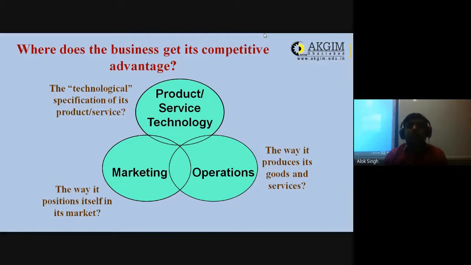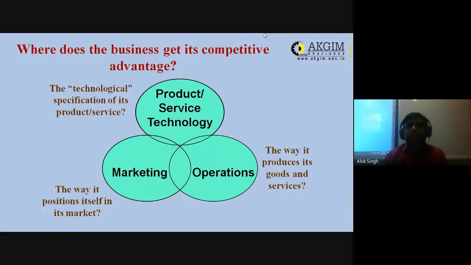Next is the operations function. What is operations? As I have told earlier, raw material is the input, and after that you apply some processes and convert it into a product or service or both.